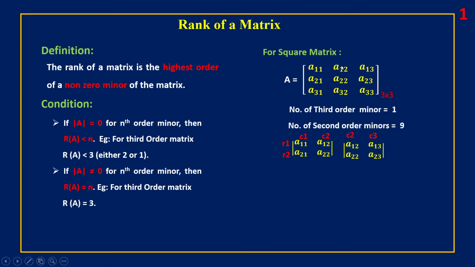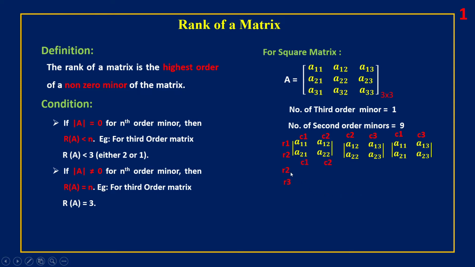And then next these 4, by considering column 2 and column 3. And by considering column 1 and column 3, the minors are A11, A13, A21, A23. So these are the elements by considering row 1 and row 2, by striking out row 3, and also by striking out any one column. These are the 3 minors by striking out row 3.